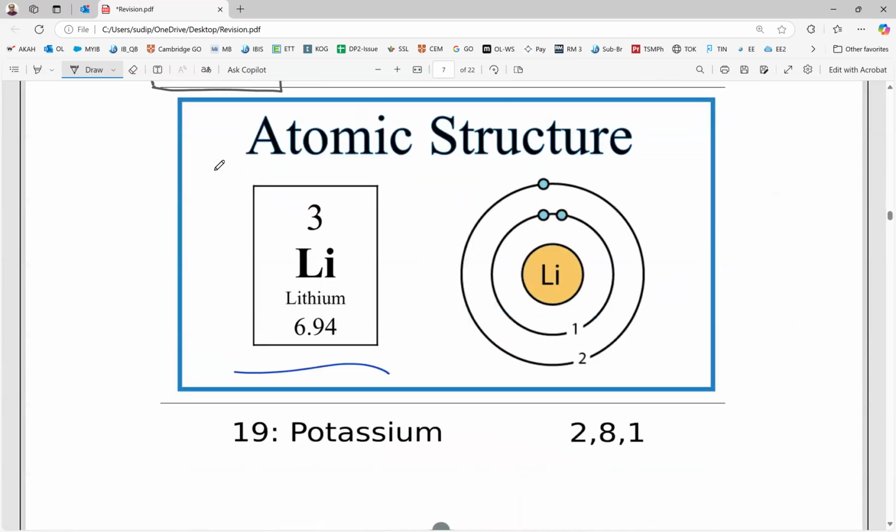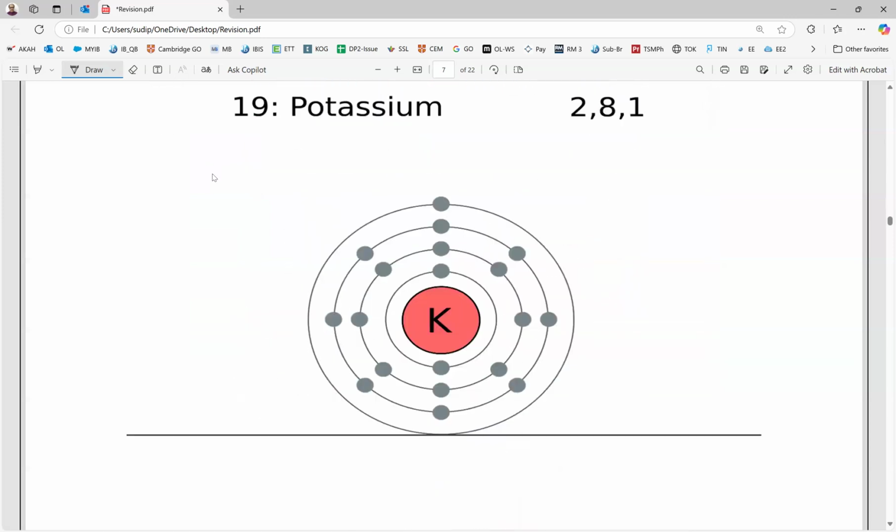Now, lithium has a very small distance. Let us put this as D1, and the distance of potassium as D2. We very well know that the distance of potassium from the center is more than lithium.